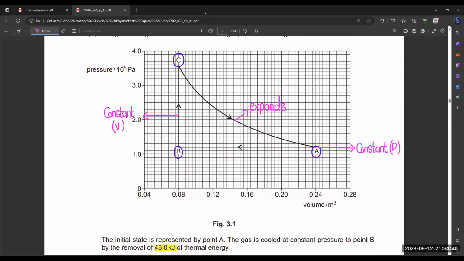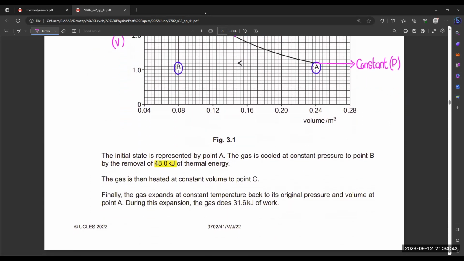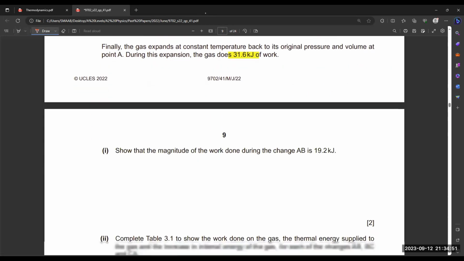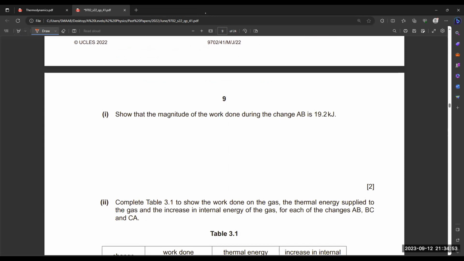Okay. Now let's see the question. We are having two values of energy. One is 48, second one is 31.6 kilojoules. Now they are asking, show that the magnitude of the work done during the change AB is 19.2 kilojoules.